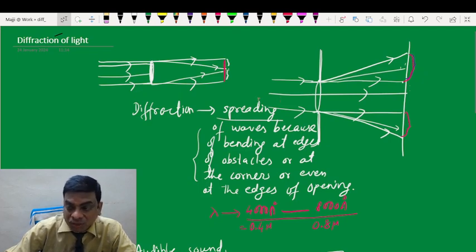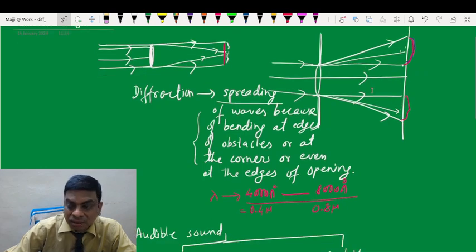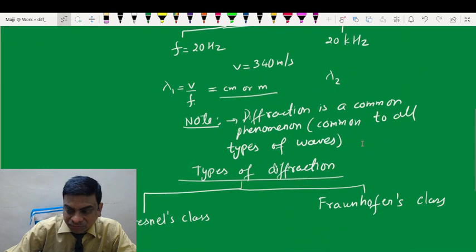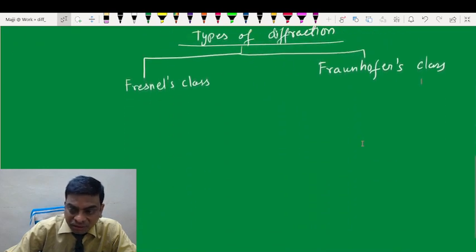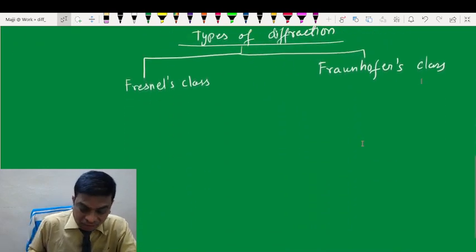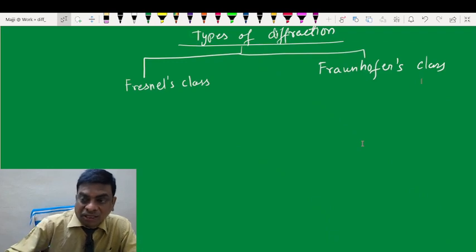So three things are required: the source from which light will be coming, then the obstacle or the aperture where light is allowed to bend at the corners and peripheries, and the diffraction effect, that is the bending effect, which will be observed on the screen placed a little away from the obstacle or aperture. So three things are required. Based on these, the different types of diffraction are classified.